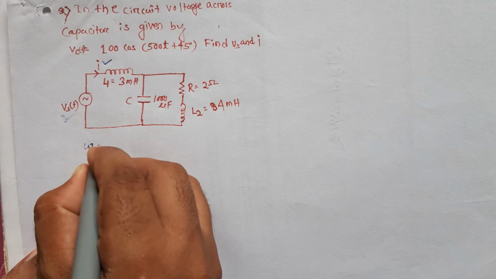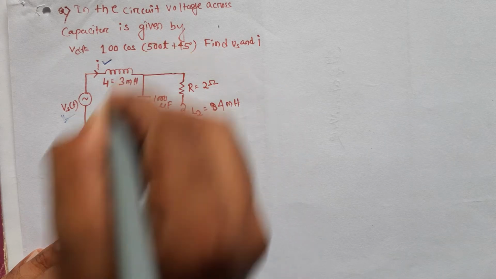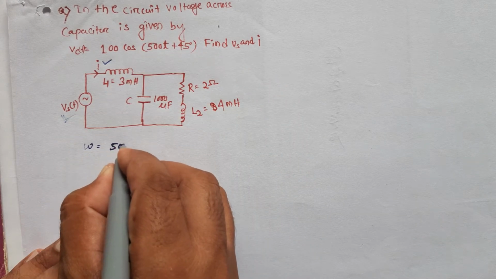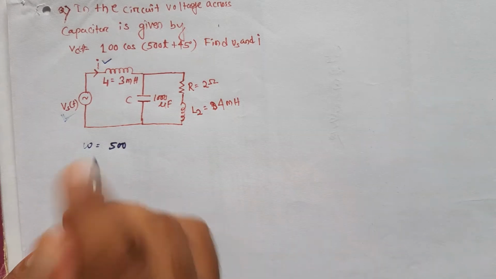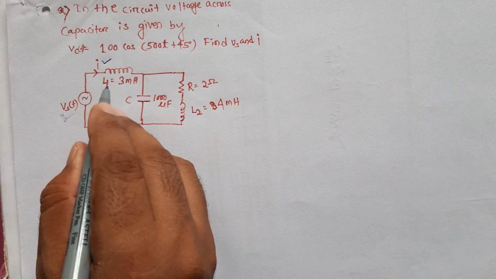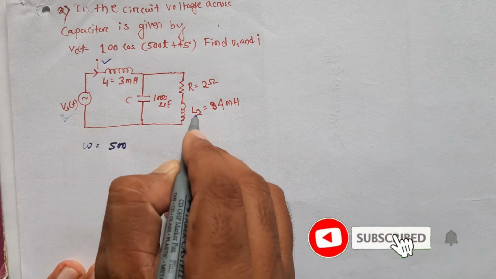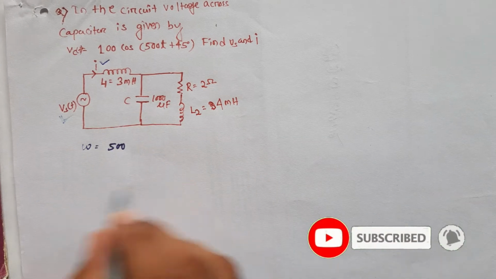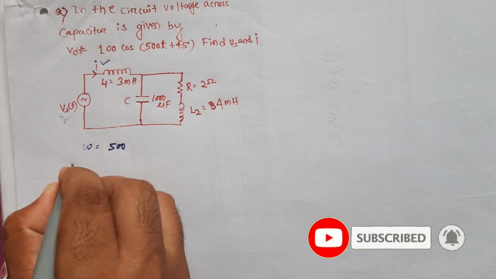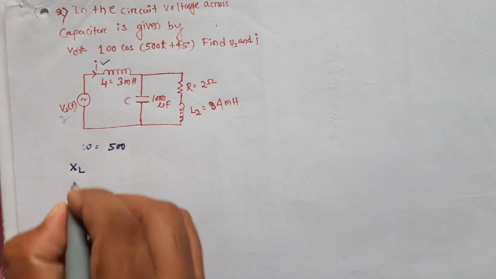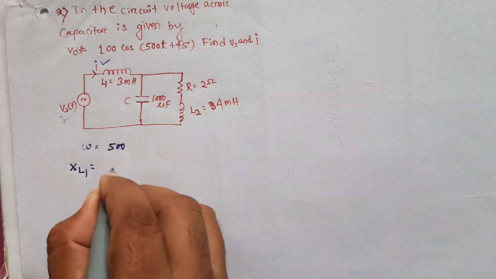Here omega is given as 500. Next we need to find XL1, XL2 and XC. First of all we need to find XL1.